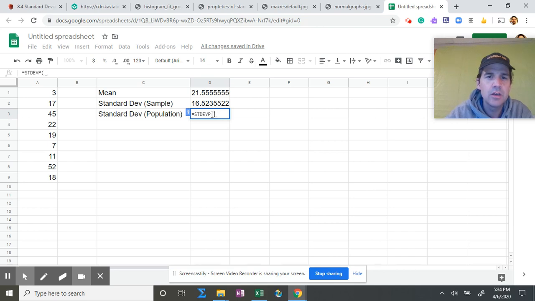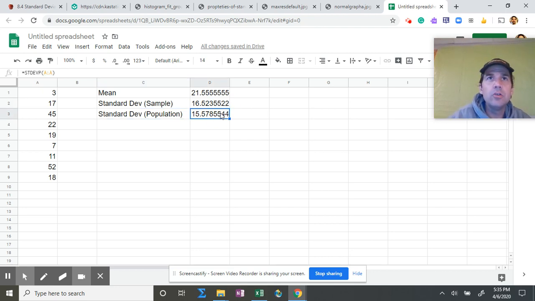So it's STDEVP, parentheses, and then click on column A. And there's my standard deviation of my population, which will come in handy because when you do your Khan Academy tonight, you're going to be asked to find the standard deviation of your sample and the standard deviation of your population.